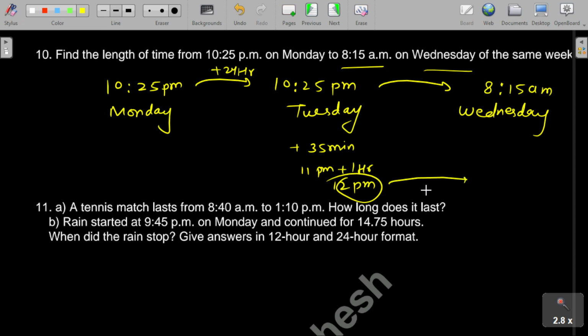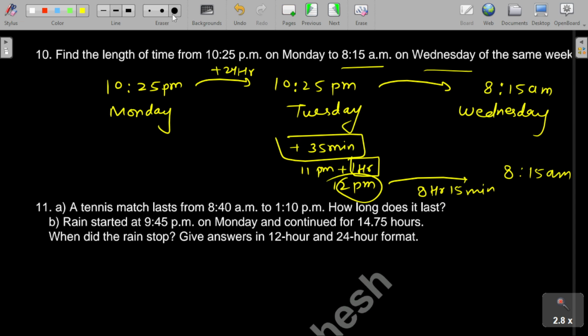If we add 8 hours and 15 minutes, then we will be back to 8:15 a.m. So how much time do we add? 15 minutes and 1 hour.